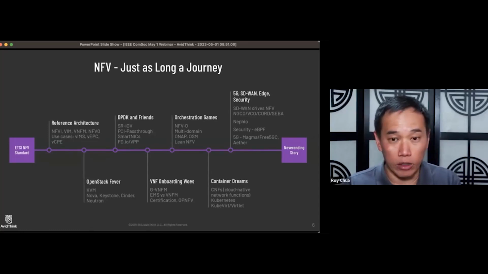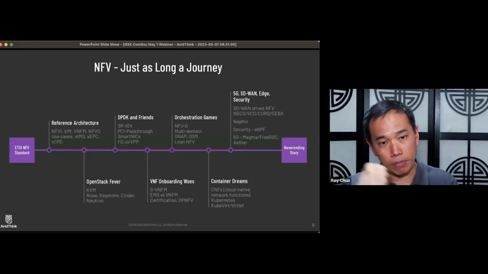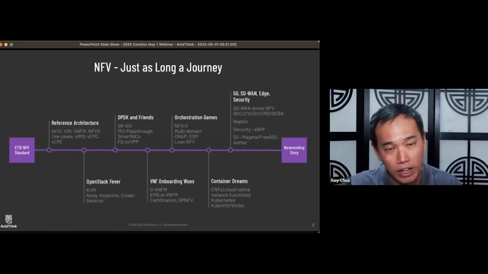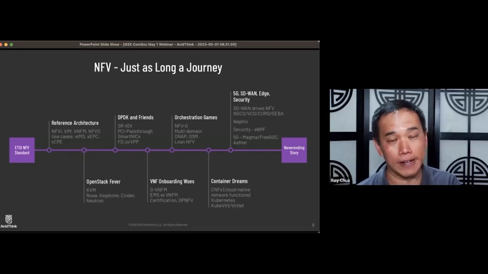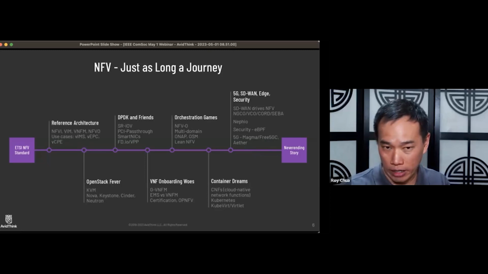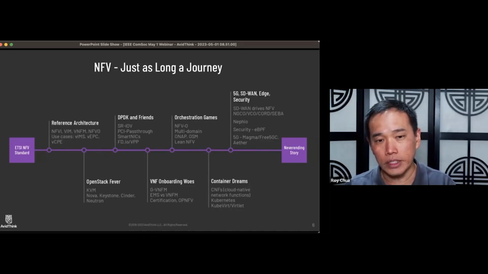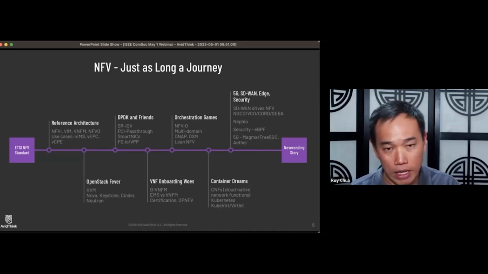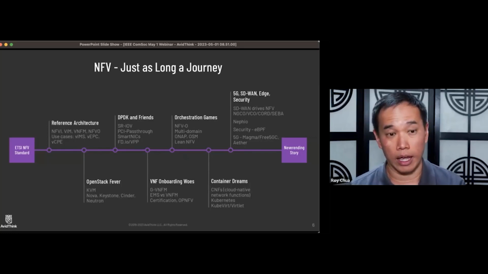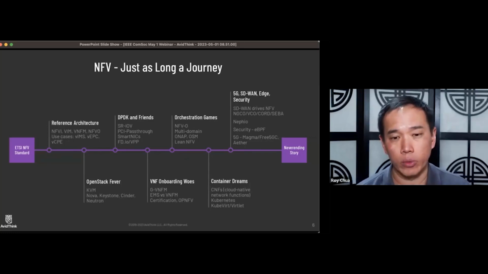We tried to accelerate those network workloads, trying to rip them apart from proprietary hardware, trying to get the performance out of it. So we had PCI pass-through, SR-IOV, DPDK, all these things came along. And FD.io, VPP, many of these projects that actually the Linux Foundation continues to host and move forward as well.